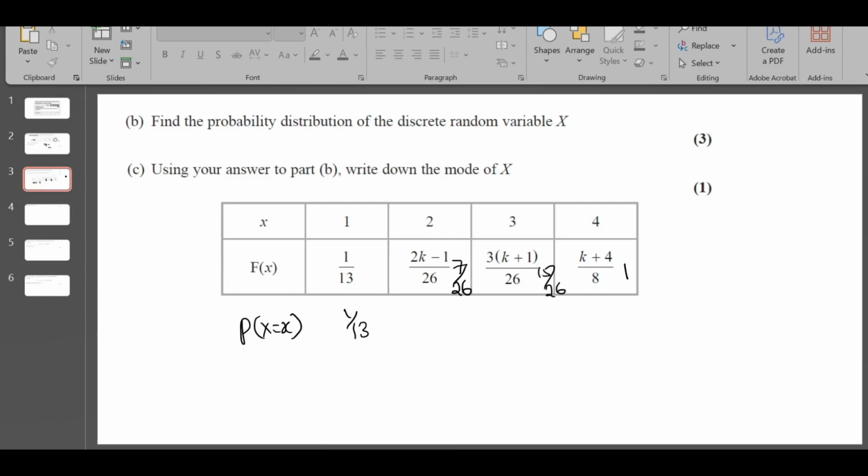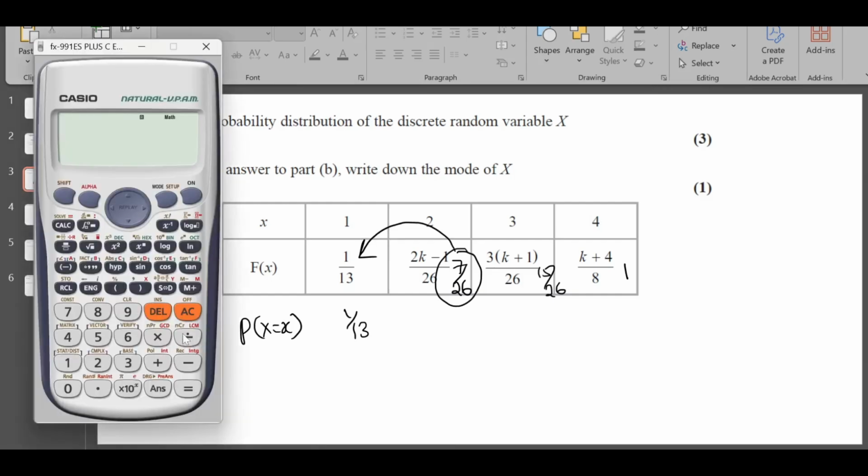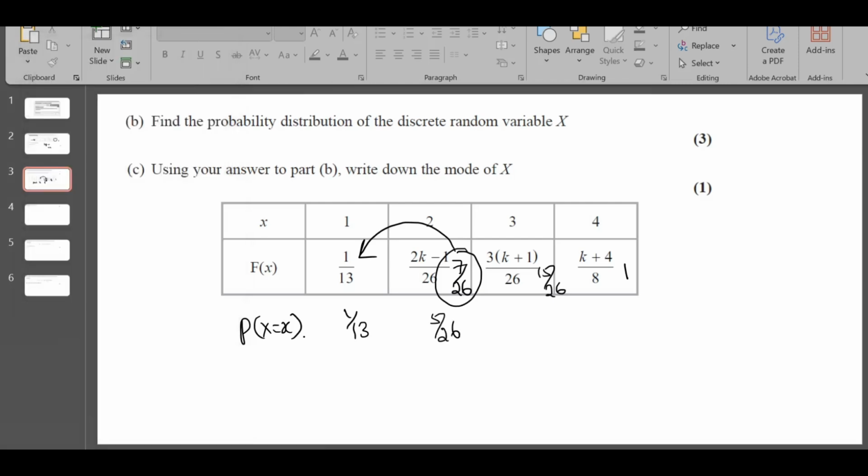And then for the next one, take the corresponding cumulative minus the previous cumulative. 7 over 26 minus 1 over 13, you will get 5 over 26. And then 15 over 26 minus 7 over 26, you will get 8 over 26. And then 1 minus this, you are going to get 11 over 26.